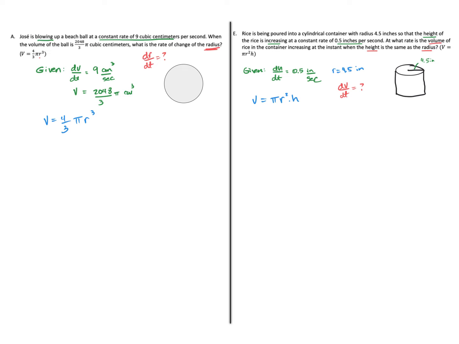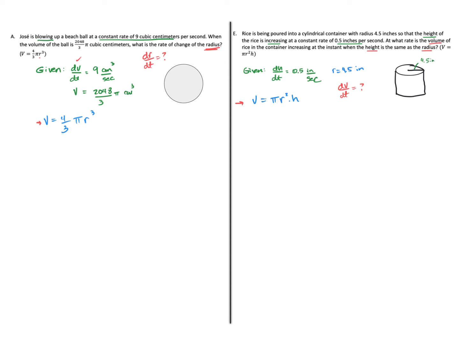So those are our two unknowns. These problems are very, very similar. We're always going to take the derivative. We've been given dv dt here, and we're looking for dv dt here. In both of the volume equations, we need to take the derivative. Here's our general volume equation, not what our volume is at a moment. Anything that's changing, we're not going to plug in.